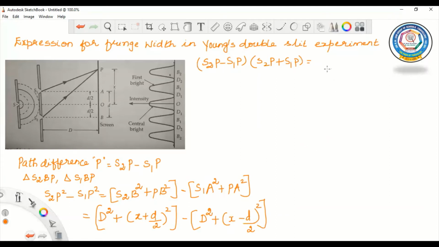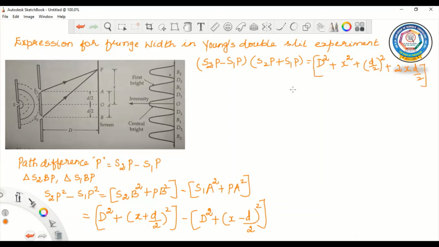We have to expand this term, children. When you expand this term, what will you get? d square plus x square plus d by 2 the whole square plus 2x into d by 2.